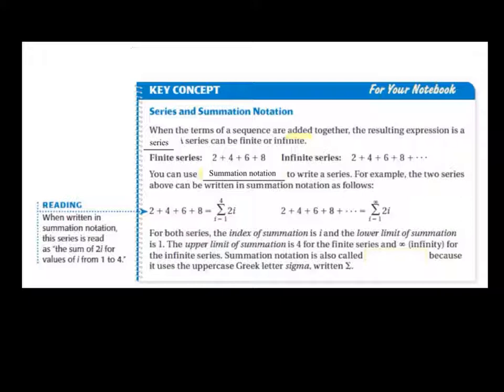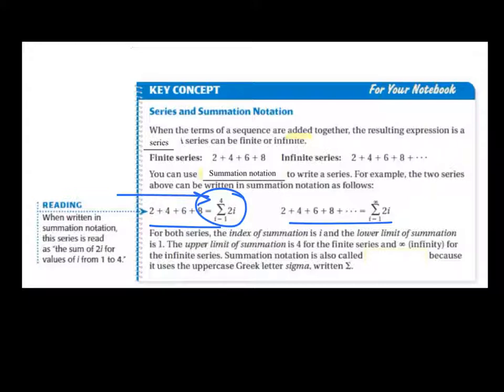For both series that they show you there, the index of summation is i and the lower limit of summation is 1. The upper limit is 4 in the finite series and infinity in the infinite series. What that means is this one here is telling you that 4 is where we're stopping.